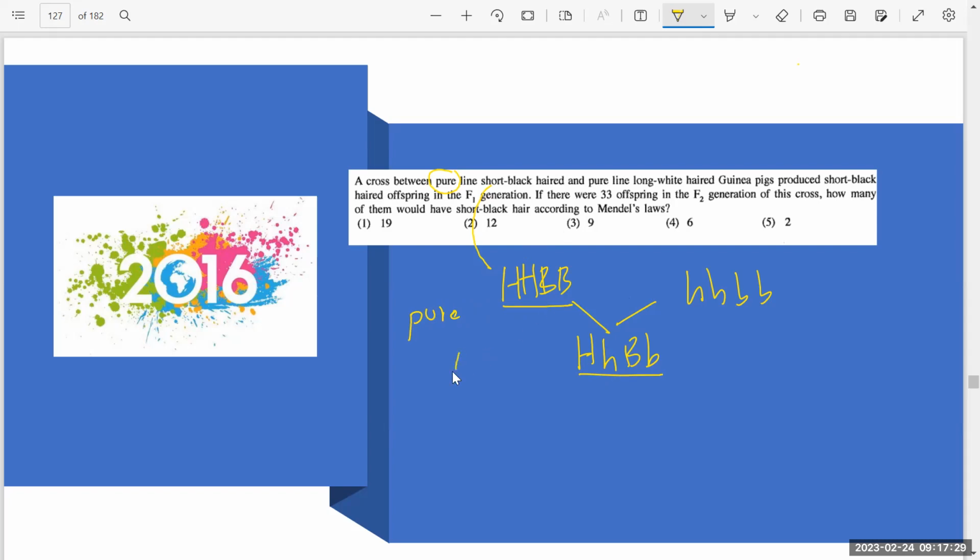And the F1 generation is similar to this one, then we can also guess what is dominant and recessive. After that, the F2 generation is this. If the F2 generation is like this, we should get a 9 to 3 to 3 to 1 ratio.